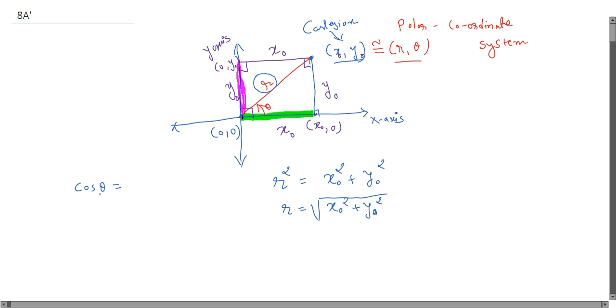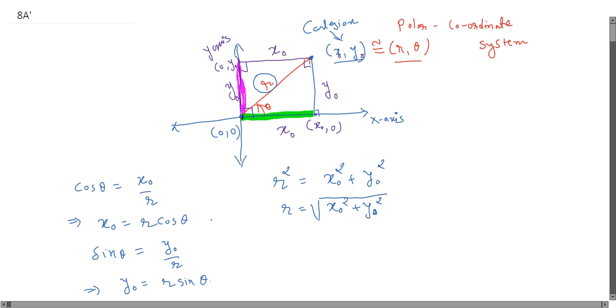In that triangle, cos theta is x0 by r, so x0 is equal to r cos theta. In the same triangle, if you apply the formula for sin theta, then sin theta is equal to y0 by r, so y0 is equal to r sin theta.